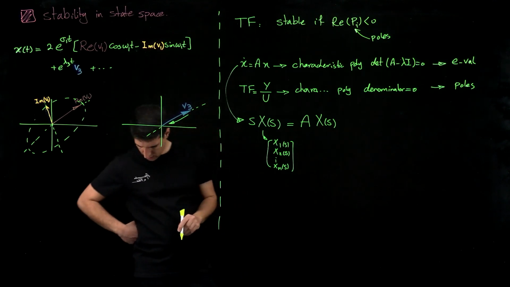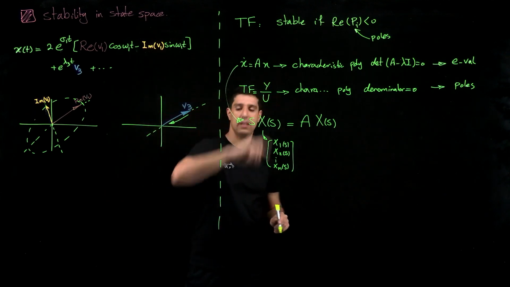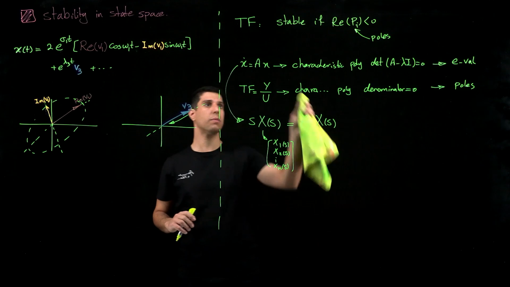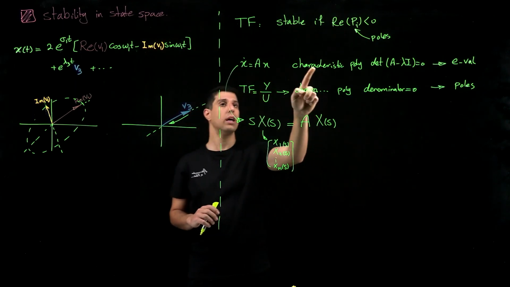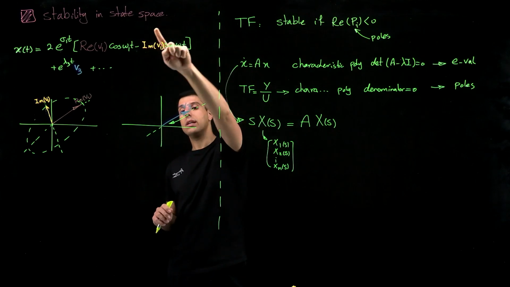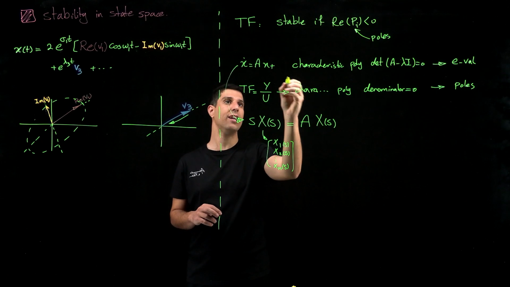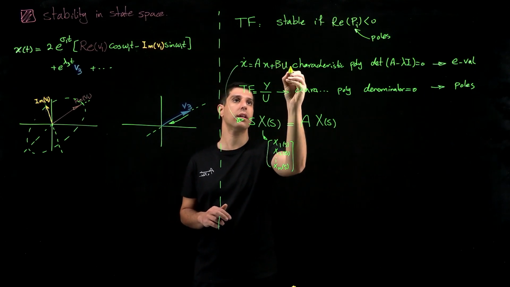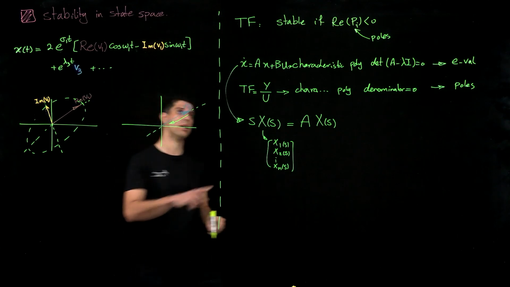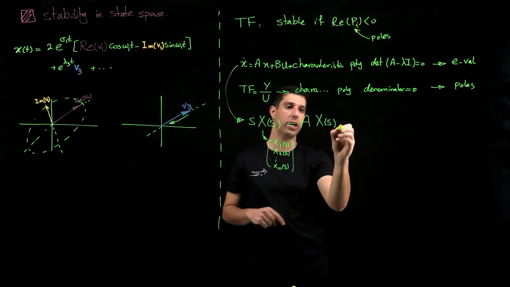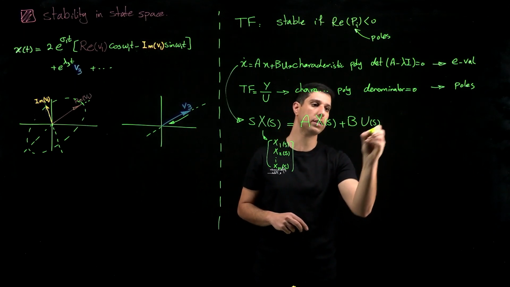Let me add another thing here, because this system now doesn't have input. Remember that stability is an inherent property of the system. It doesn't depend on the input, but let me add another term, B u, where B is a constant times U of s.